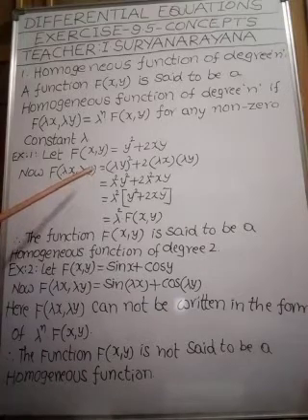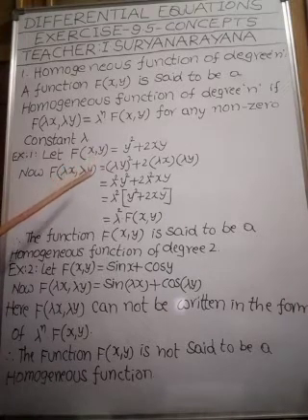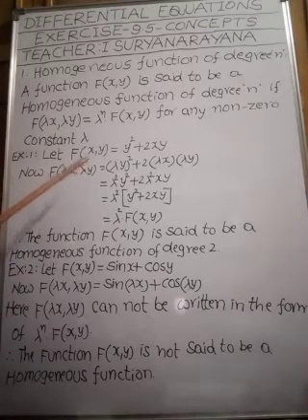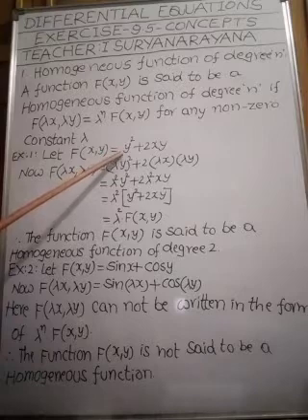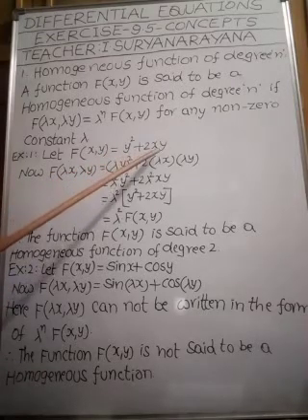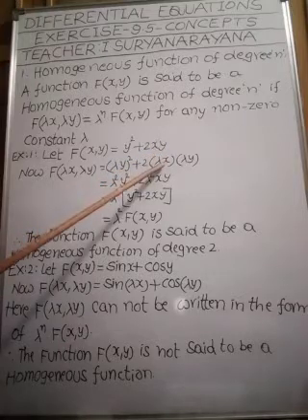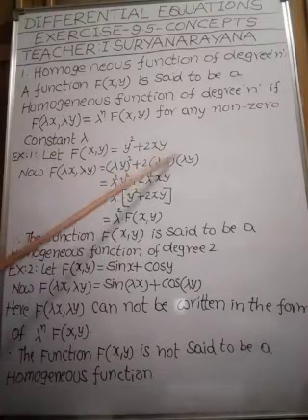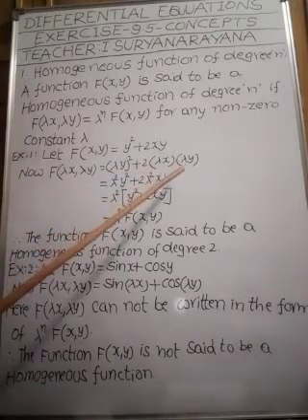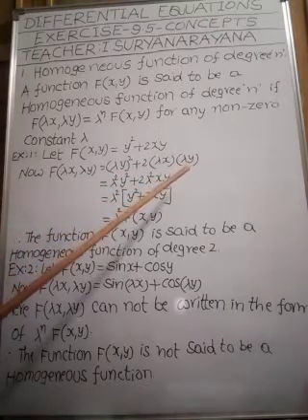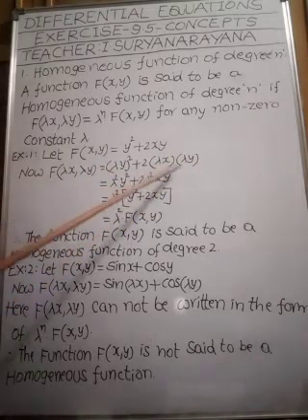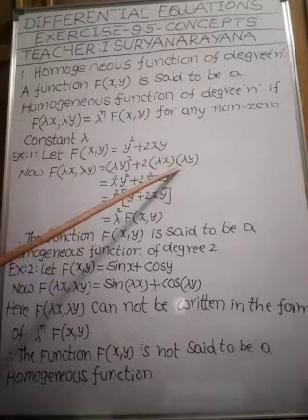So y square becomes lambda y whole square, plus 2 into lambda x into lambda y. Understood this step, my children?